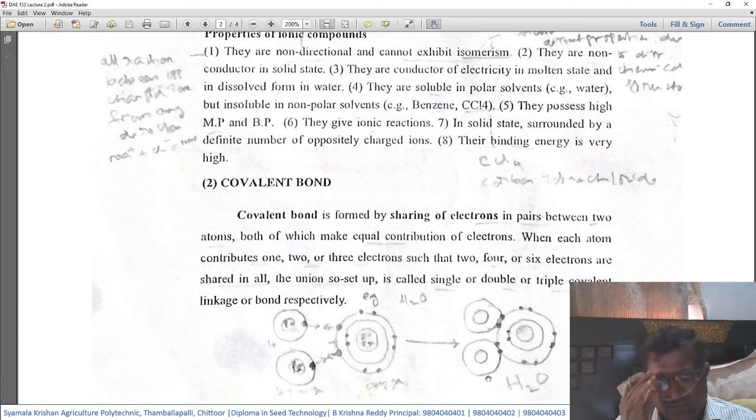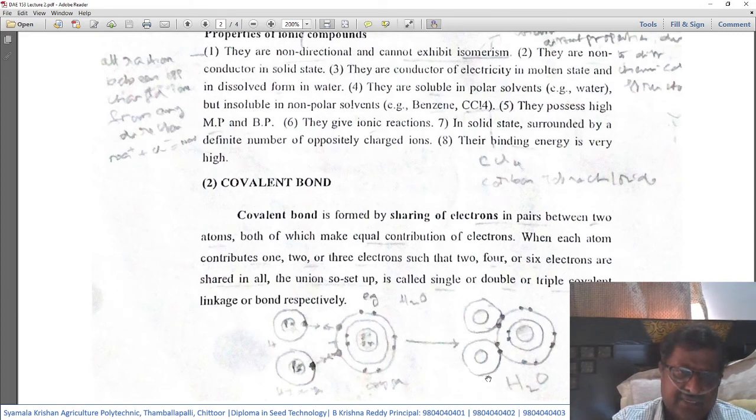Let us see how a covalent bond will form. The example is water. In water, there exists a covalent bond as a result of sharing of electrons between the atoms of different elements. For example, this is a rough sketch of a hydrogen atom.